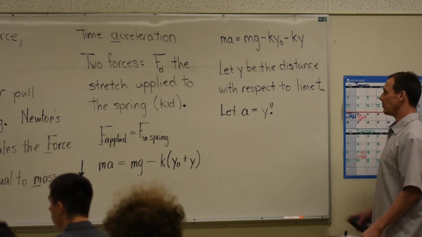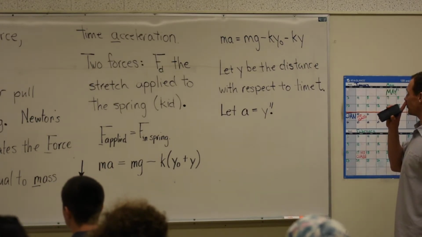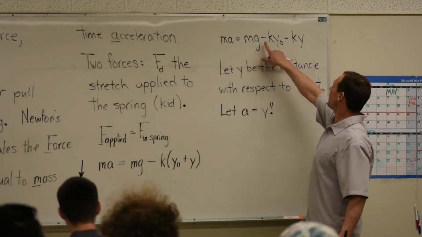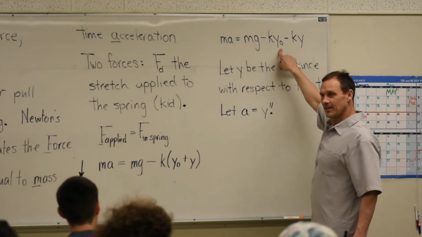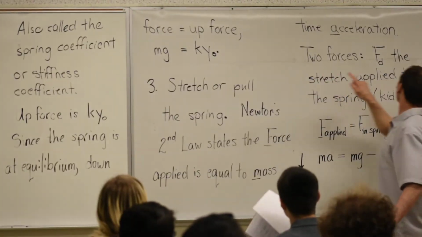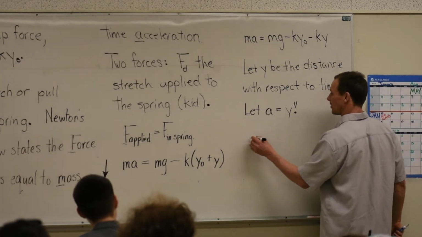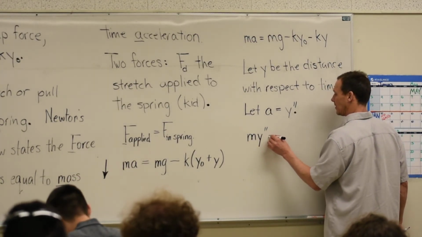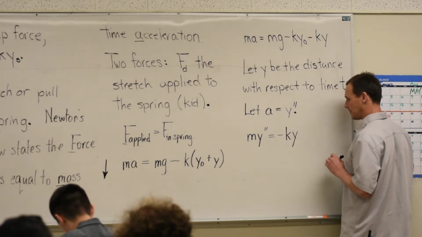So let's do some cleanup. What do we know about mg minus ky0? They're the same, right? So what does this term become? 0. And so what I'm left with is m times y double prime is equal to minus k times y.